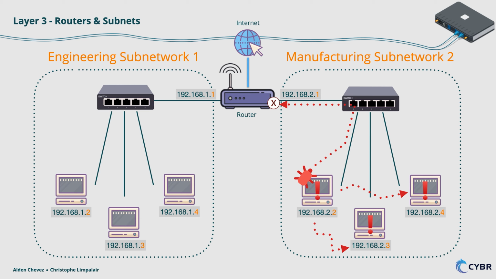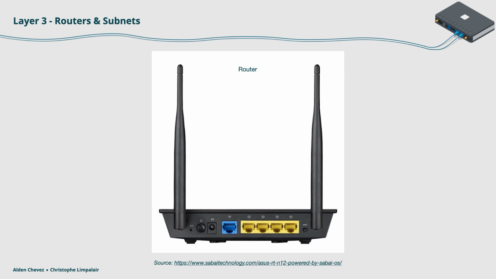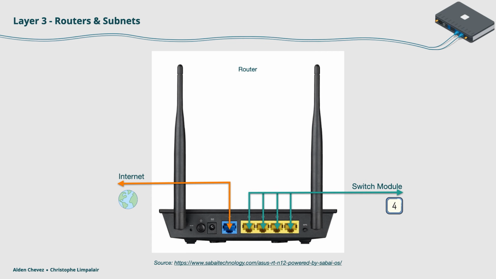Let's take a closer look at how this works beyond just theory. When we learned about Layer 2, we looked at this router. This kind of router is mostly for home use, as we talked about. You connect your service provider into the internet port, and then you connect your devices to the other ports or even using Wi-Fi.